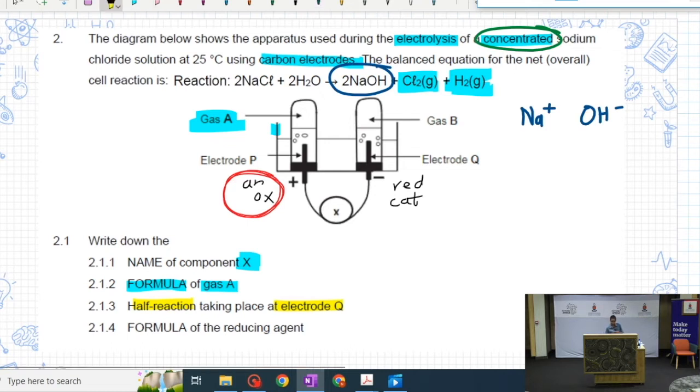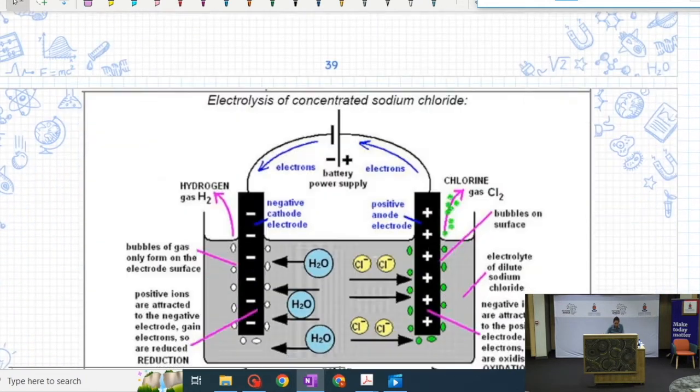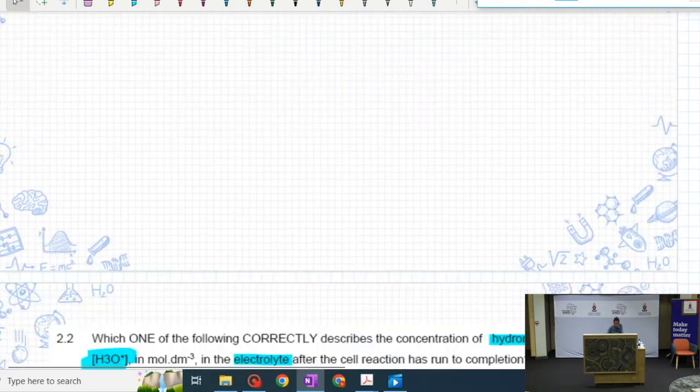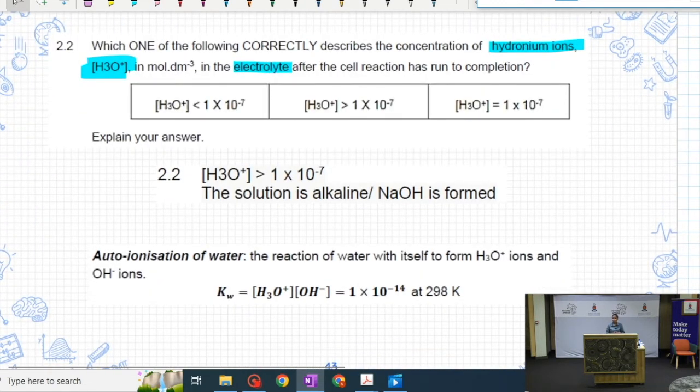This one over here, we remember this, right? When the hydroxide ions are produced, do we have an alkaline solution or are we producing an acidic solution? We have a base forming. So based on that, over here, is this answer correct?